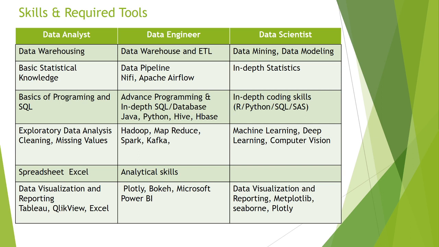There are a number of other things also available in machine learning, AI, and deep learning. That is the arena of the data scientist. Analytical skills are actually common. The scope might be different, but it is required for all three profiles, whether a data analyst, a data engineer, or a data scientist.